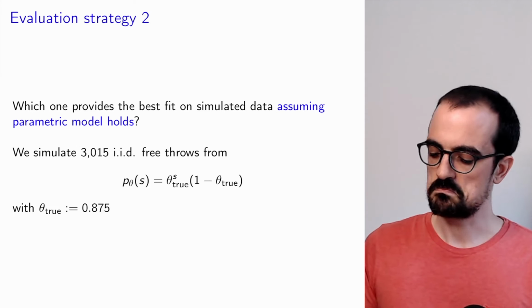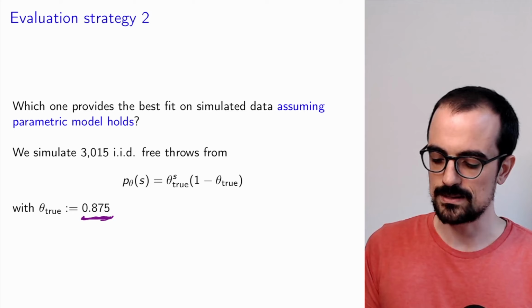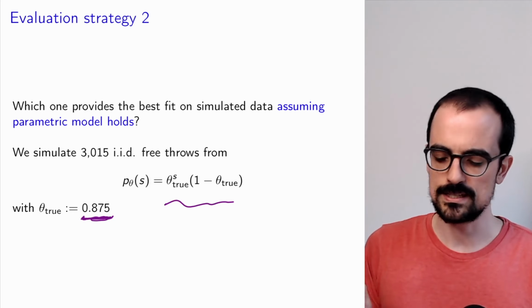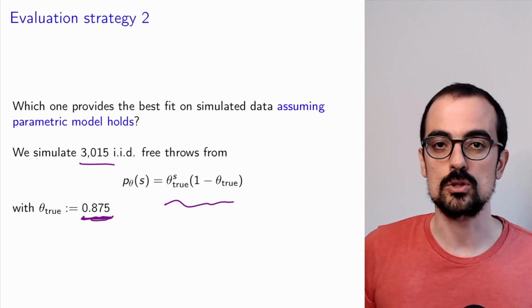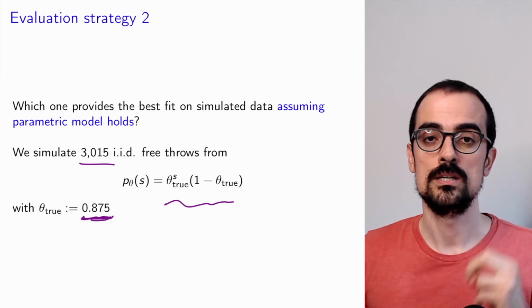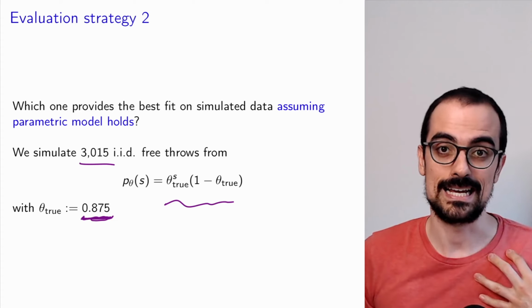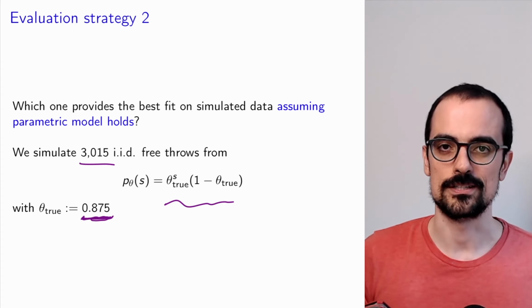So I'm going to fix theta to be 0.875, and I'm going to generate new data according to this model, which I think is super reasonable. And I'm going to generate 3,000 free throws like that, and I'm going to see which model allows me to approximate the true PMF better. I know the true PMF because I have decided what the true PMF is. I'm generating some synthetic data based on it.